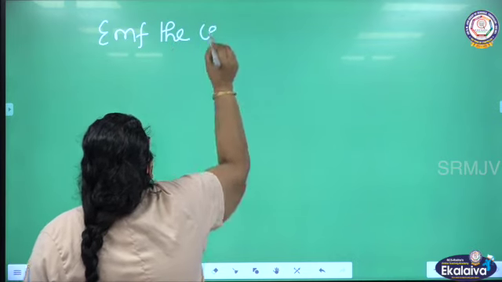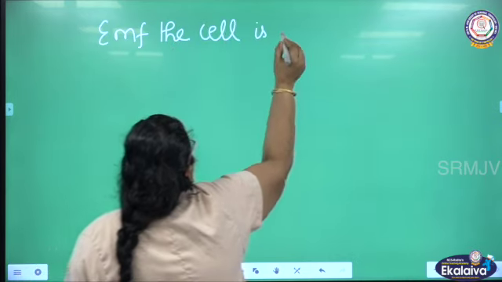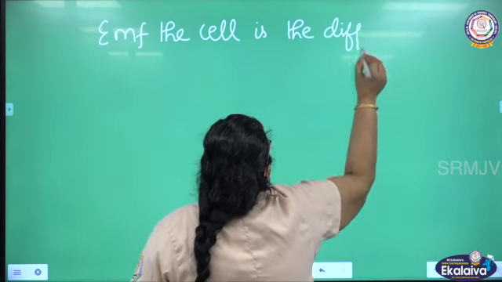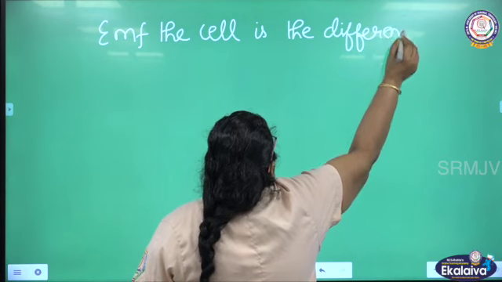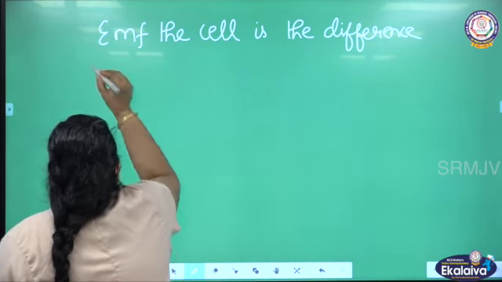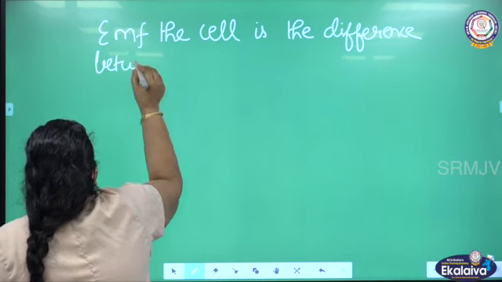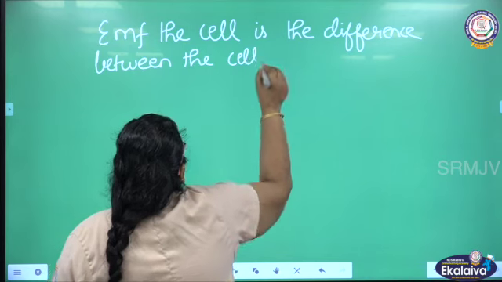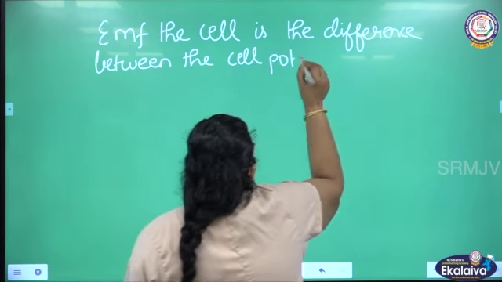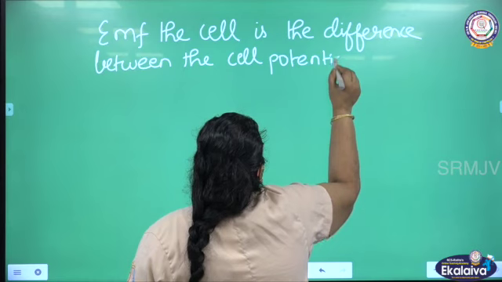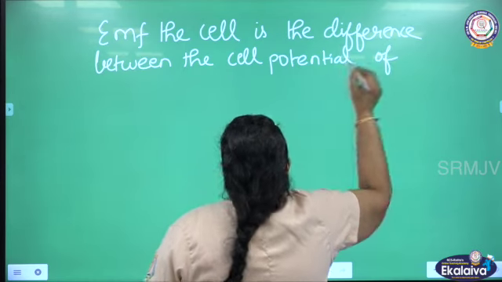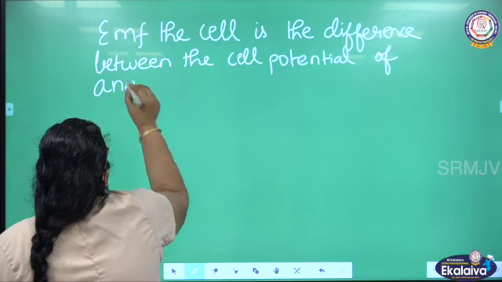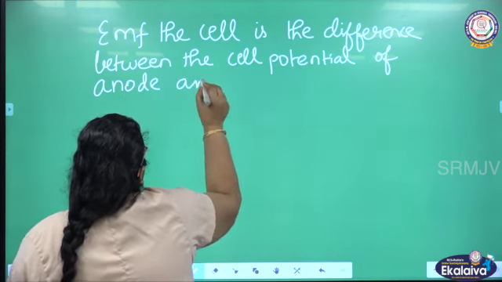The EMF of the cell is the difference between the cell potential of anode and cathode of the cell.